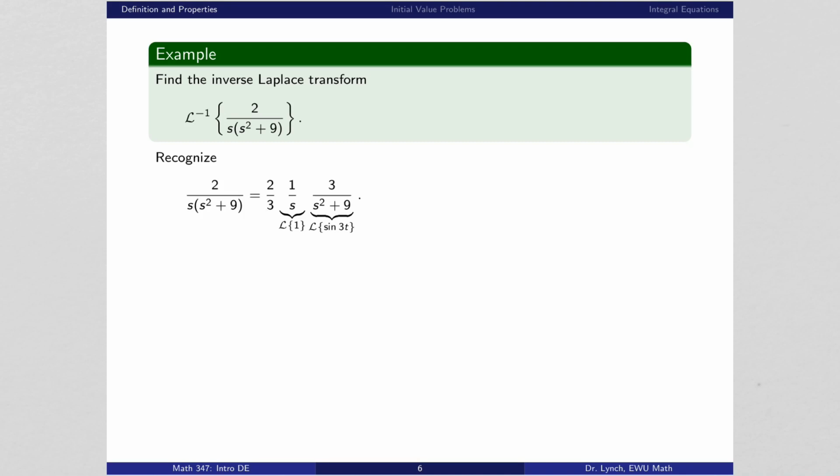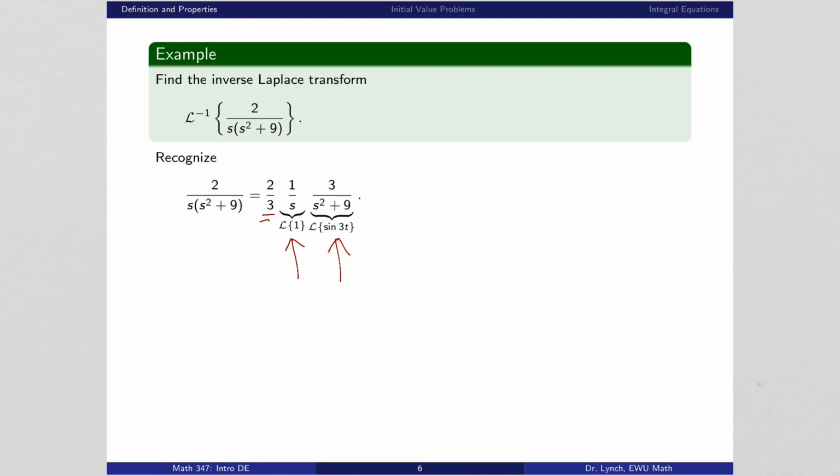Let's go ahead and find the inverse Laplace transform of this mess here, 2 over s times s squared plus 9. So we can rewrite this as a constant, 2/3, times two Laplace transforms we know, right? 1 over s turns out to be the Laplace transform of 1, and 3 over s squared plus 9 ends up being the Laplace transform of sine of 3t.